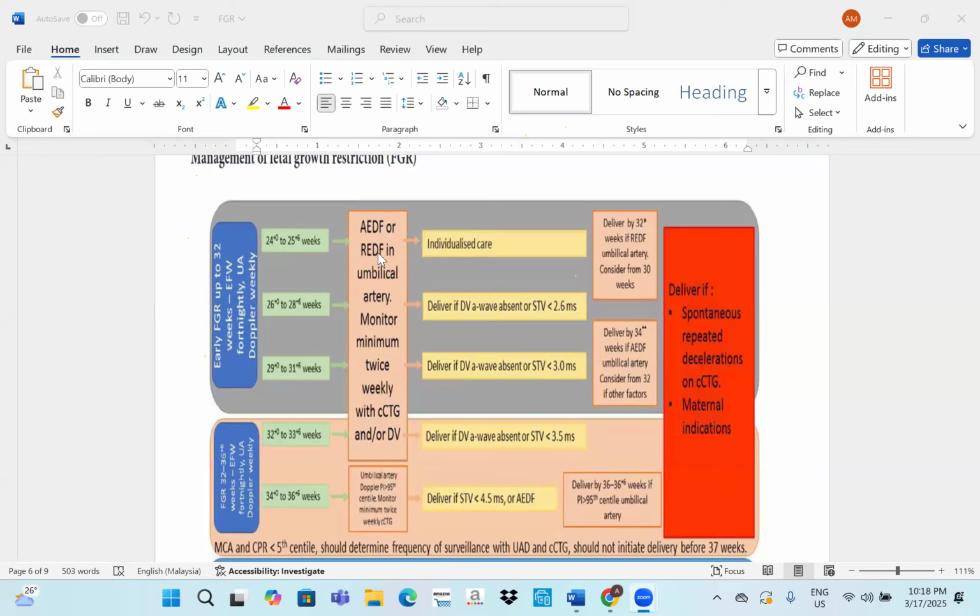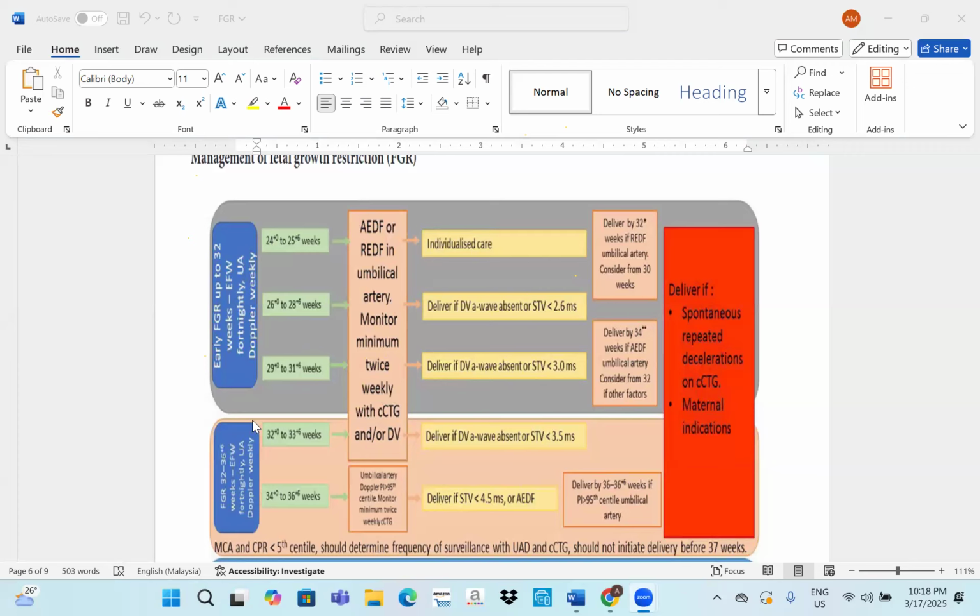Listen carefully. Whenever the umbilical artery Doppler shows any abnormality, you start doing the monitoring 2 to 3 times per week instead of weekly. In this 2 to 3 times per week, you will be doing the umbilical artery Doppler along with the computerized CTG and ductus venosus Doppler.